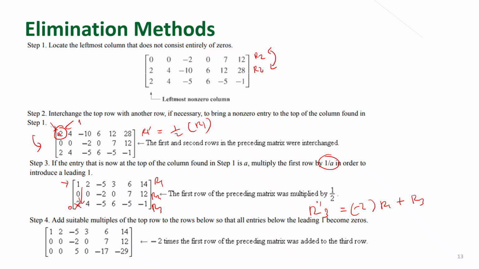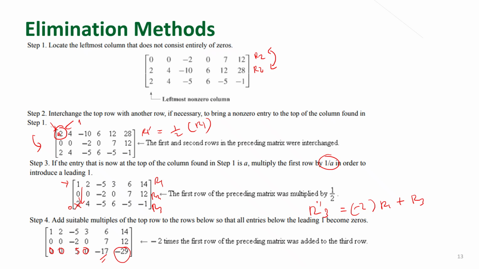Then you will have this one: this one becomes 0, this one becomes 0 again, this one, because minus 10 plus 10 plus minus 5, becomes 5, and this one 6 minus 6 plus 6 is 0, this one minus 12 plus minus 5 is minus 17, correct, minus 14, sorry, minus 28, plus minus 1 is minus 29.